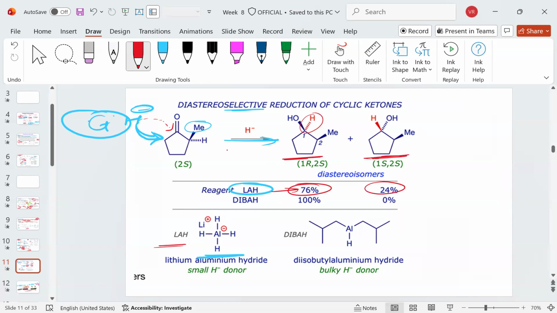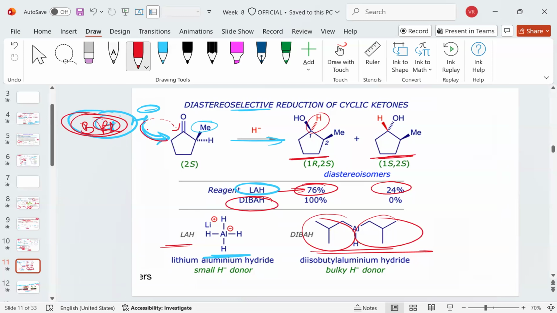And in this stereoselective reaction, we can also improve the selectivity. So let's say how we can improve. We can change the reagent. Now we selected a much bulkier reagent. In that case, the top side attack is very unfavored. Why?